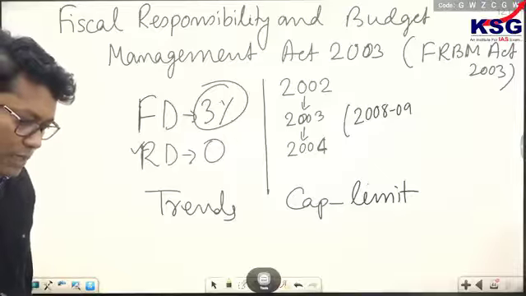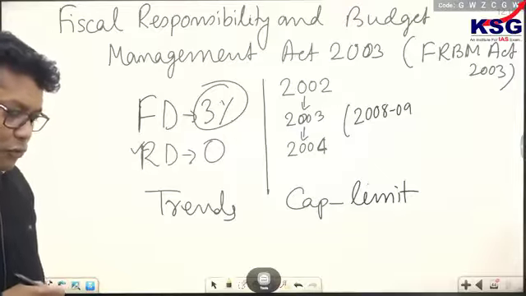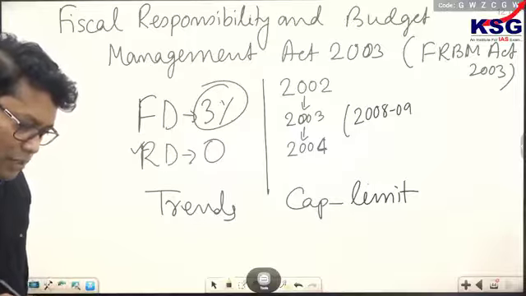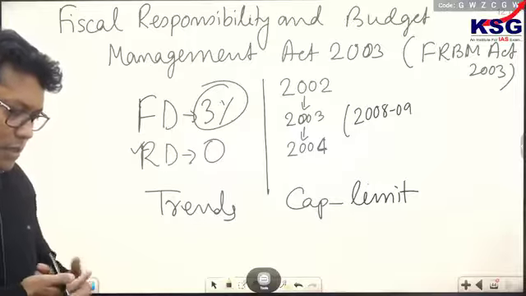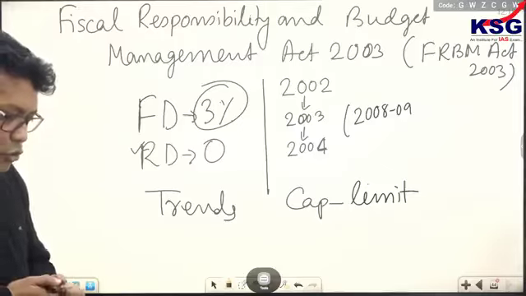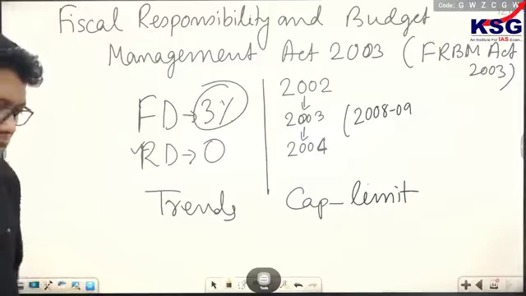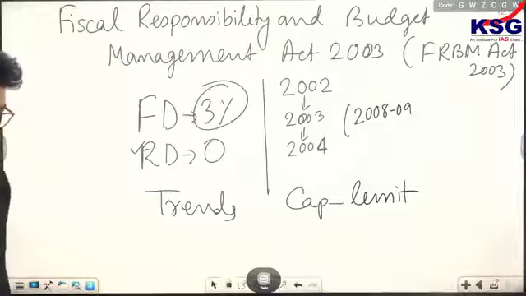Full stop. It is now mandatory for the central government to take measures to reduce fiscal deficit.